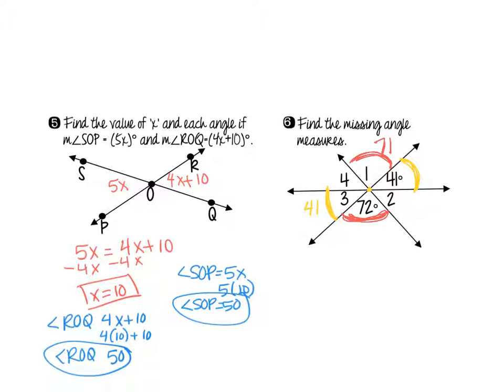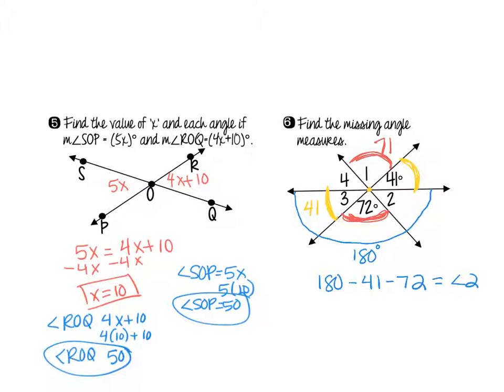Now I know that angle 3, angle 72, and angle 2 all have to be supplementary. They have to equal 180 degrees total. So I'm going to do 180 minus 41 minus 72, and that will give me angle 2.